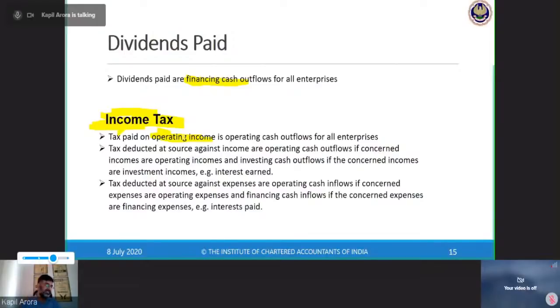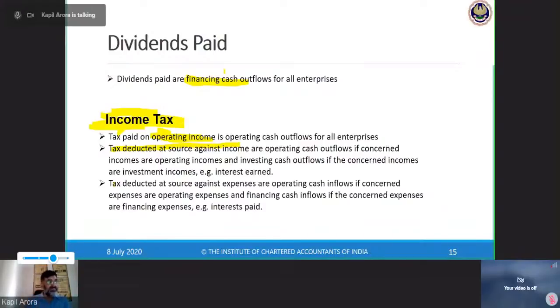If I have been taxed, for example, let's say TDS has been deducted on a dividend, whatever dividend you are paying, not proposed. In cash flows, we are just talking about the payment. So the payment which is going out will always be treated as financing activities.